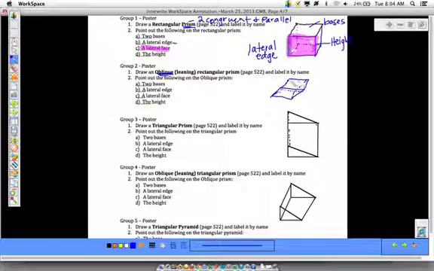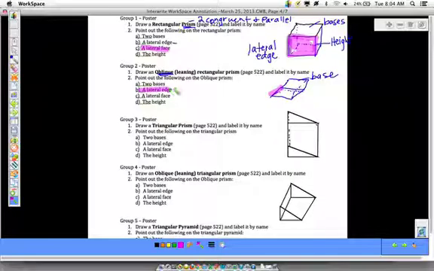So again, my 2 bases are going to be that top and the bottom, so we'll just label that base because those are the 2 congruent and parallel parts. And then the lateral edge, still going to be here. I'll highlight that. The lateral face we'll do in yellow. Still any of those side faces that are the non-bases, so how about this one?